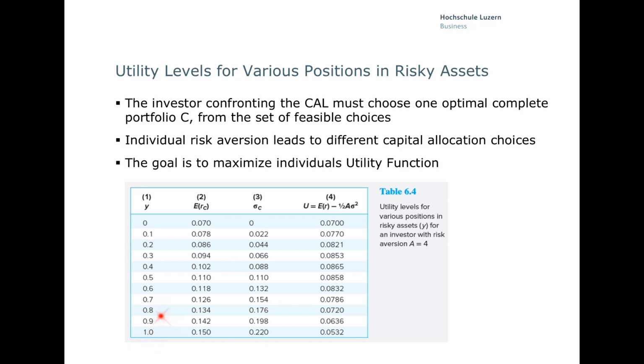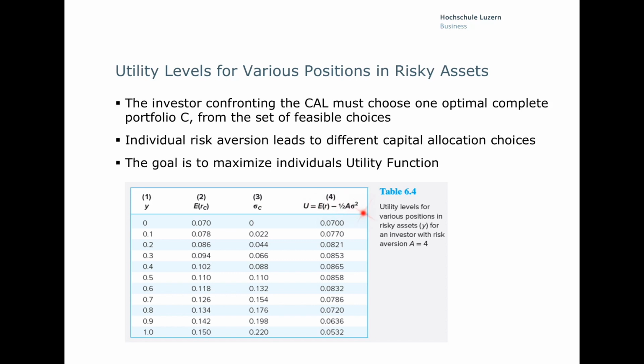This choice entails a trade-off between risk and return. Individual differences in risk aversion lead to different capital allocation choices. The goal is to maximize the individual's utility function.